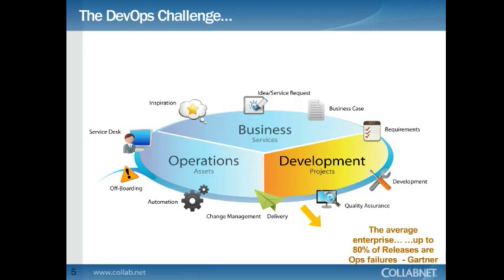And those failures on release can be anywhere from user abandonment, misalignment with the expectations of the business themselves, the surge on the service desk because of the confusion when it rolls out, as well as the IT support teams trying to manage the application and its impact on the data center and or keeping that service availability up and running in an environment where it may be a hybrid. So you've got a number of things that historically can go wrong, and traditionally 80% of the time they do go wrong.